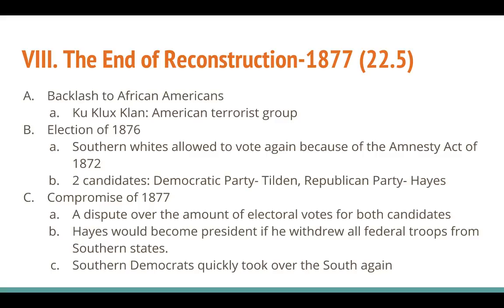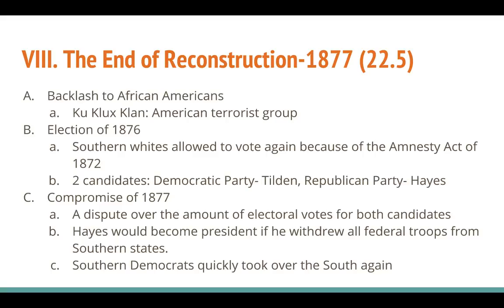Compromise of 1877. Long story short, there was a dispute over the amount of electoral votes for both candidates. Of course, you might not be familiar with what is meant by electoral votes. Don't worry about that. Just know that both sides were upset by the election results.